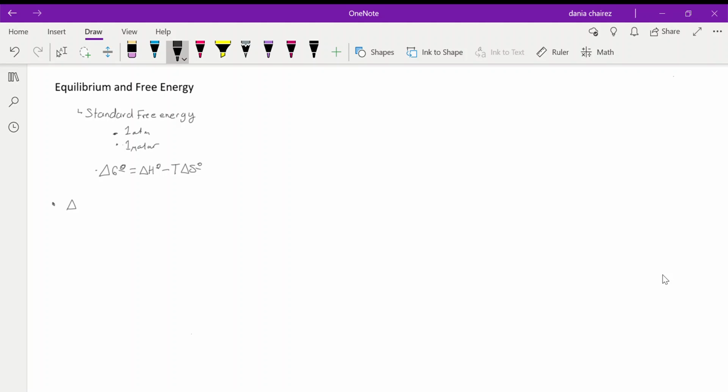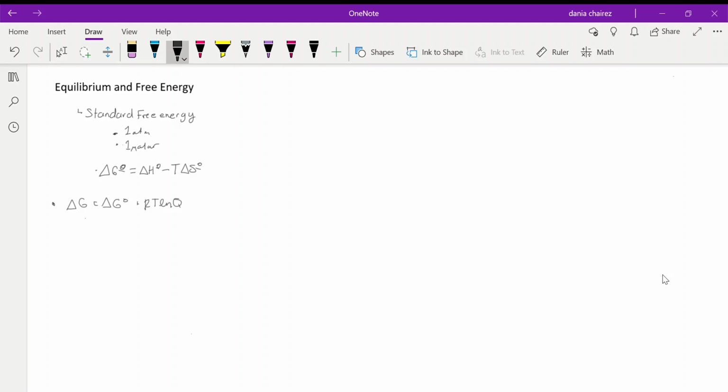And that relationship is delta G is equal to delta G naught plus RT ln of Q. And Q is your Q from equilibrium, like products over reactants at not equilibrium. It's nothing crazy. And then your R is your gas constant of 8.314 joules per mole K.